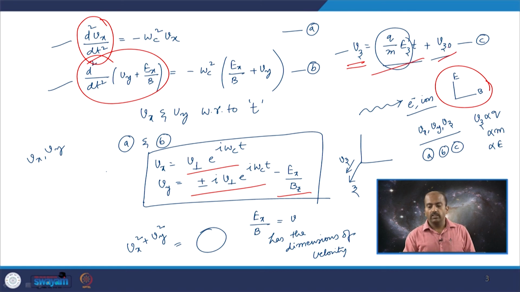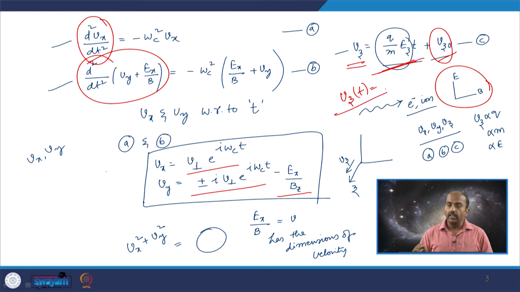That means, this is the initial value with which the particle has started, or when the particle starts to experience the magnetic field and electric field, this is the velocity to begin with. So, Vz at any instant of time is this plus a linear component which is changing with respect to time, right, fine. So, Vz is clearly defined, there is no ambiguity in Vz.